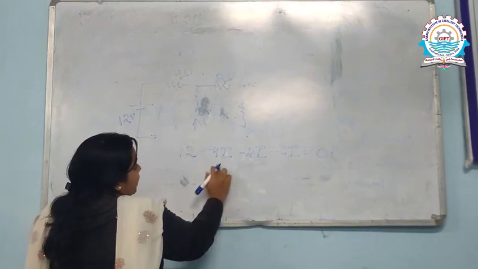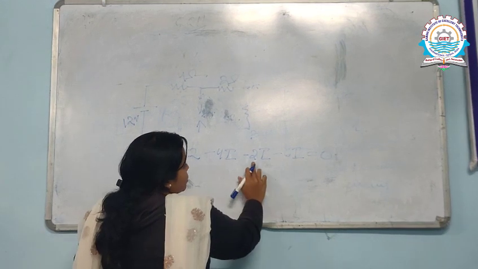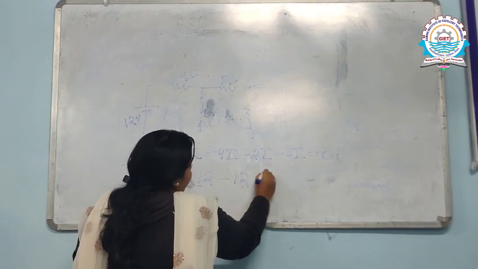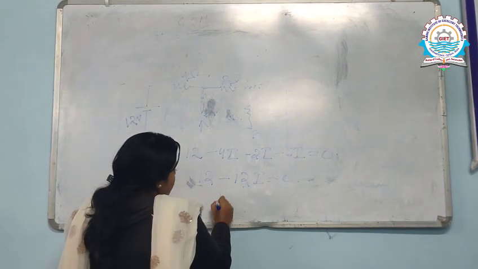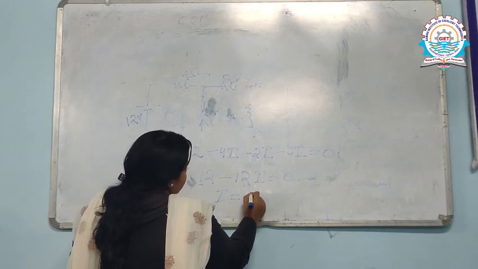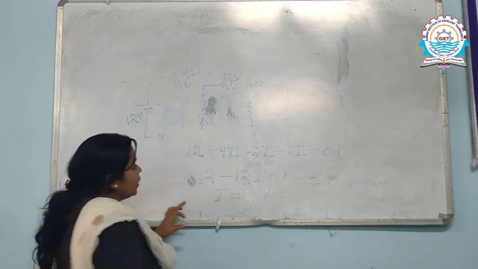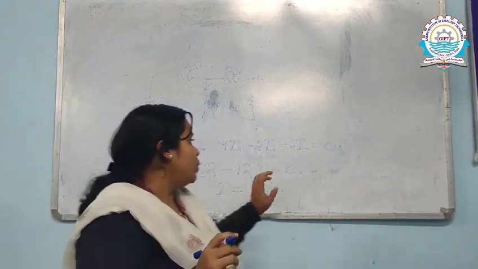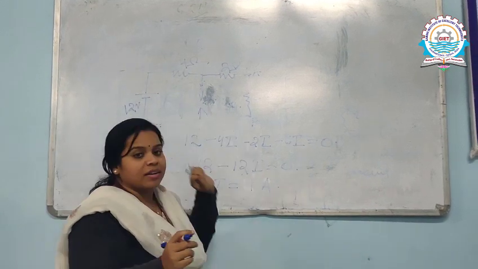So 4, 2, 6 and 6 add up, giving 12 minus 12i equals 0. So i will be 1 ampere. So we got the total circuit current, I equal to 1 ampere.